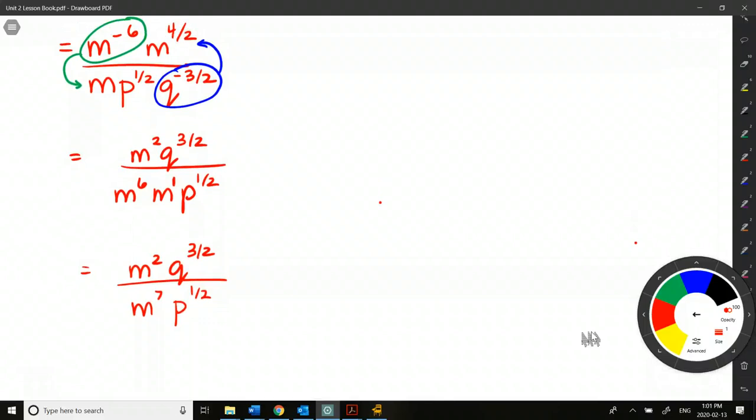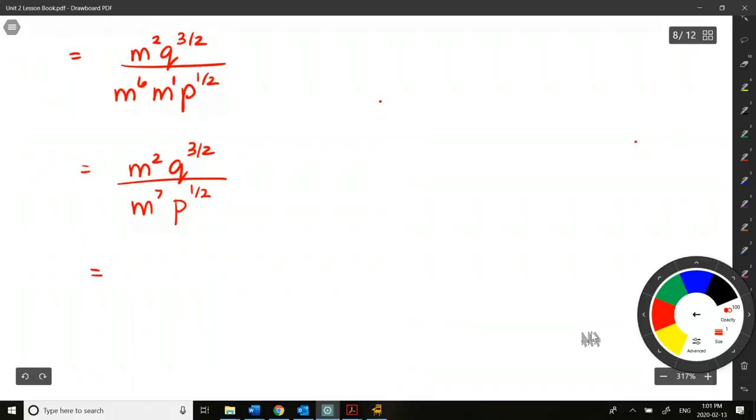Okay, and let's just think about this one. We could apply quotient rule here. We could do 2 minus 7, and then we'll have to apply the negative exponent rule again. If I have 2 m's on top and 7 on the bottom, and I cancel out 2 from each, how many are left? 5 on the bottom. So I'm going to be left with 5 m's on the bottom here.